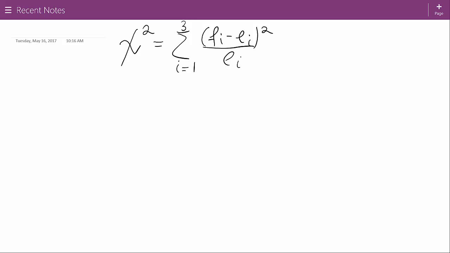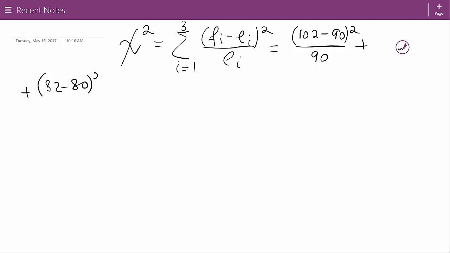All right, well, let's do it. So the first one, oh God, I forgot. What was the first frequency? 102, and I was expecting 90. So 102 minus 90 squared divided by 90, plus the second one: the actual frequency was 82, I believe, and I was expecting 80, square that and divide by 80.